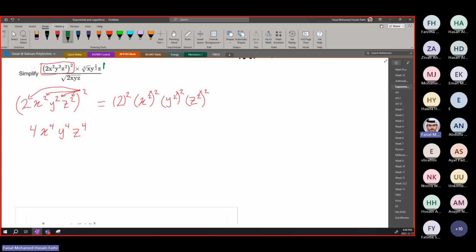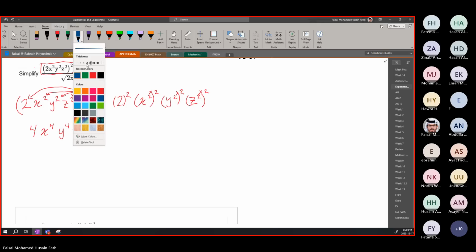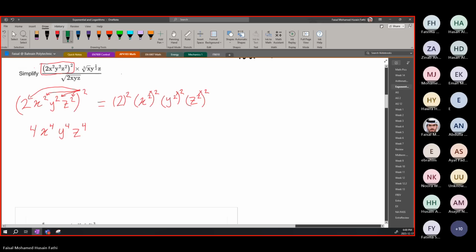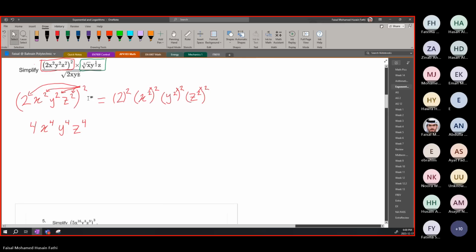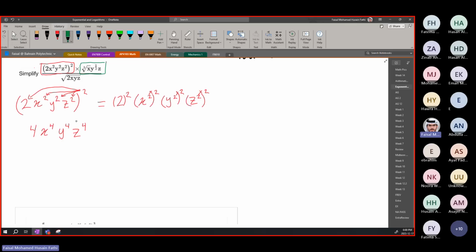Let's move on to the next term. Okay? So we'll look at just this by itself now. It is cube root of x, y to the power of half, z. Again, step by step.